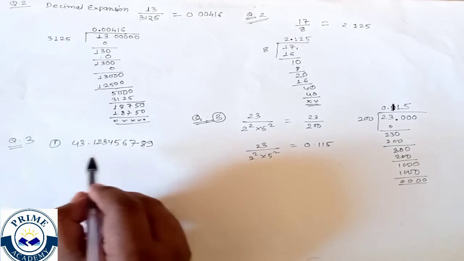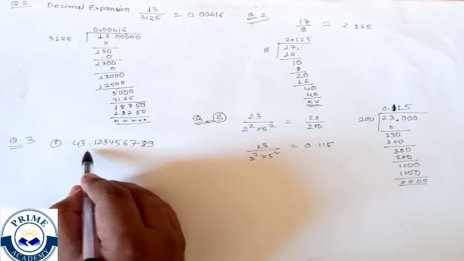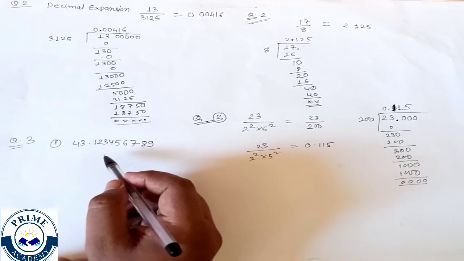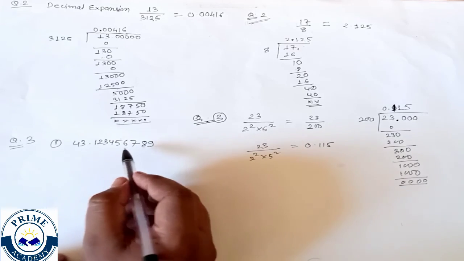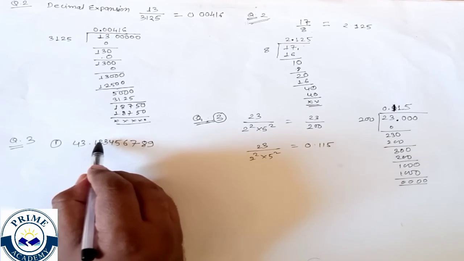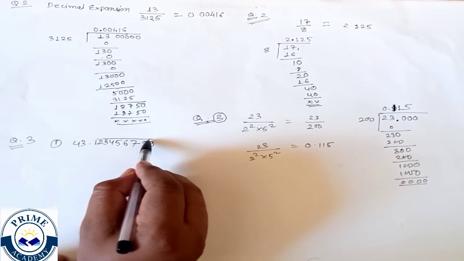We have already discussed in rational numbers that this kind of thing, this whole thing will be repeated, right?